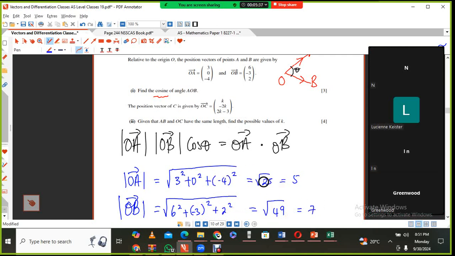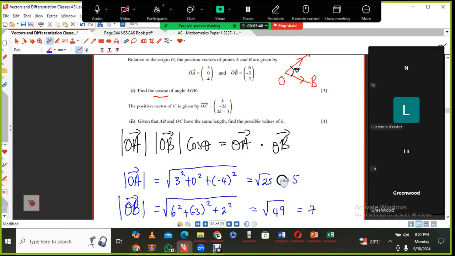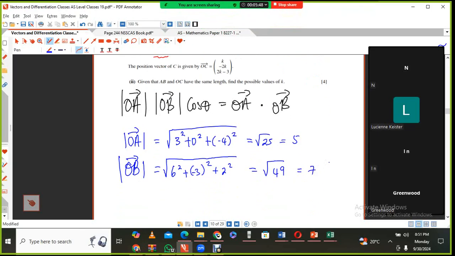All right, so now I have the two magnitudes. Let us also do the multiplication of these vectors. I'm going to do vector OA dotted with vector OB.